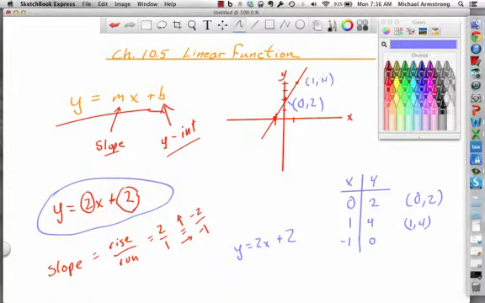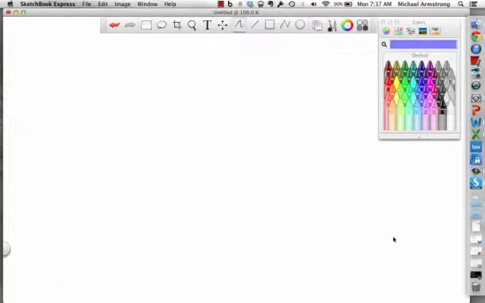And then we have our third point, negative 1, 0, which is over here at negative 1, 0. And we can see that that works. Now this is graphing it using plotting points. And what we're planning to learn today is using the slope intercept form to graph it quickly without having to plot points.